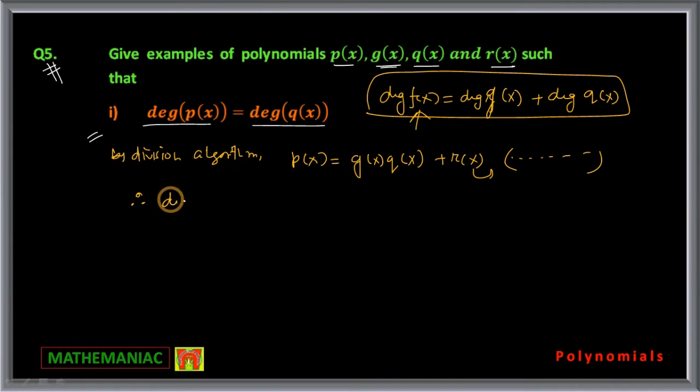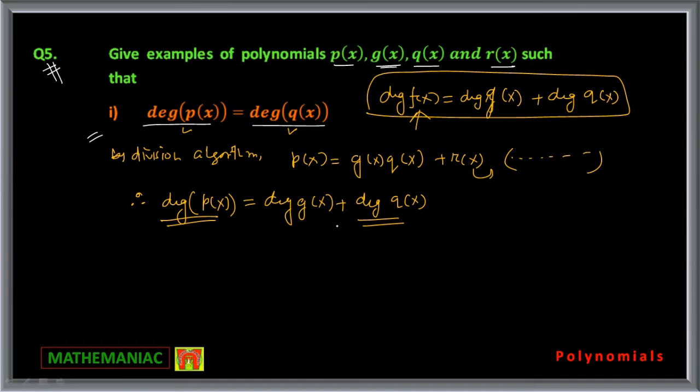Therefore, we'll immediately get this particular relation, right? This is degree of g(x) plus degree of q(x), from here. Okay, now you observe here, degree of p(x) and degree of q(x) are equal. That means this quantity is equal to this quantity. So from here, what can you conclude? Degree of g(x) must be 0, right?